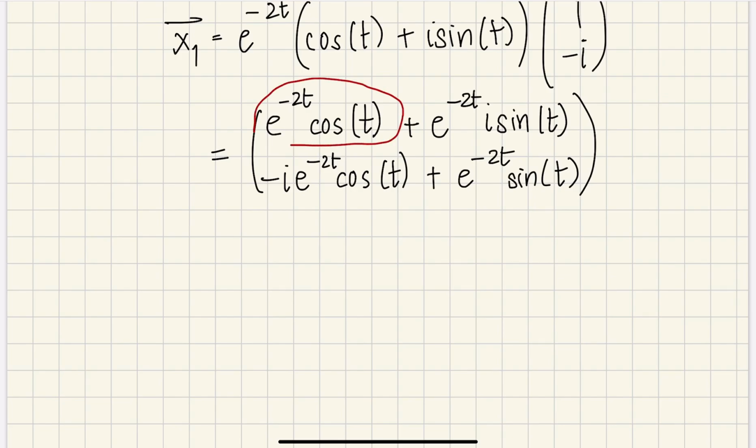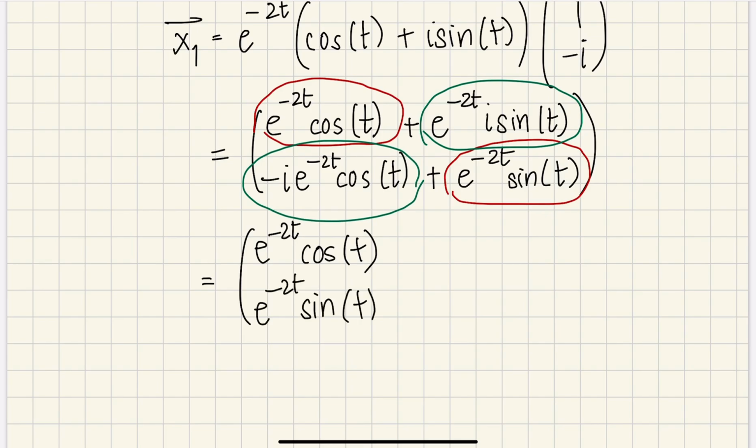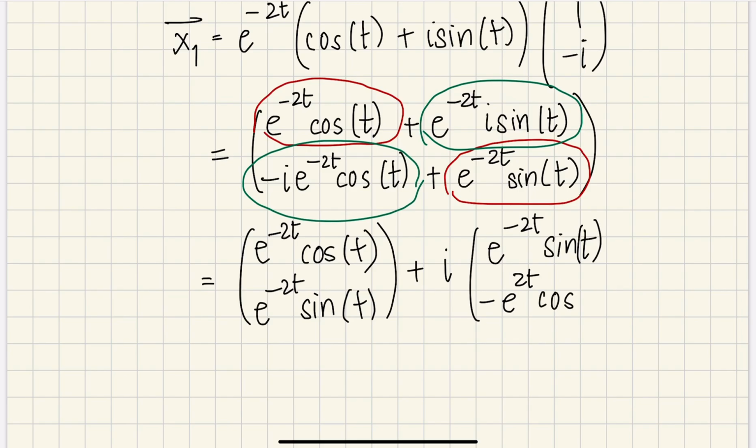So real, real, imaginary, imaginary. So by separating, we get e to the negative 2t cosine t and e to the negative 2t sine t, plus i e to the negative 2t sine t and negative e to the negative 2t cosine t.